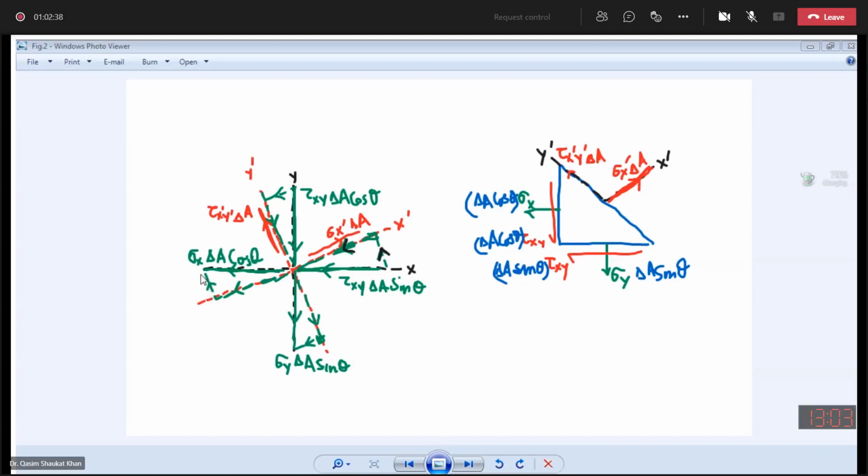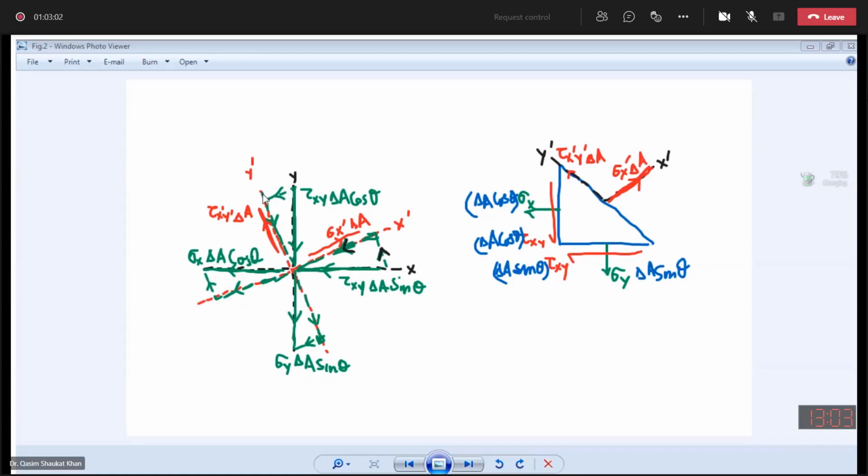Fine. Now the next force which we need to resolve is tau xy delta a cos theta. So this is my tau xy delta a cos theta. We resolve this force into its components about the x dash and y dash axis.